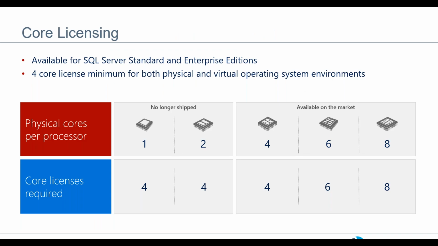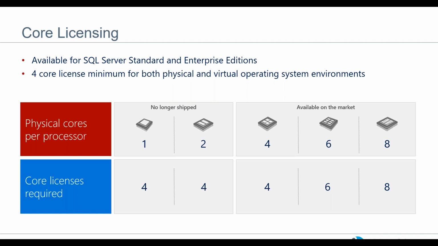So the other way of licensing SQL Server Standard, and the only way to buy new SQL Server Enterprise today, is per core. Every virtual machine or every processor requires a minimum of 4 cores to be licensed correctly.